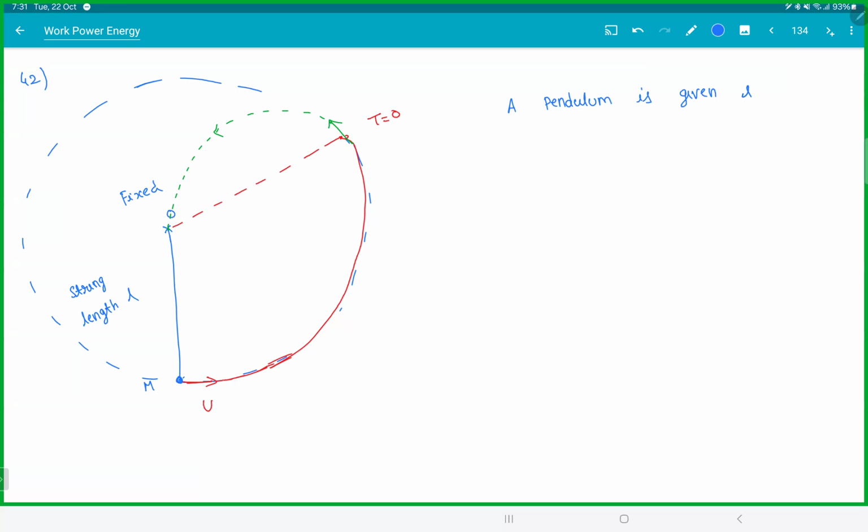The pendulum is given speed u. One thing is for sure: it is definitely less than root 5 gL. The string becomes slack, that is, tension becomes 0.